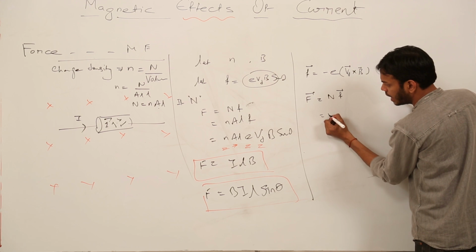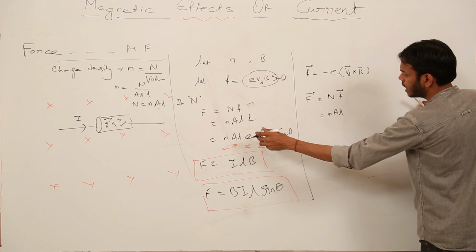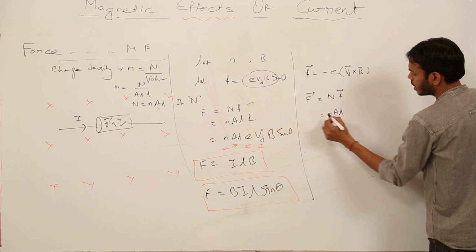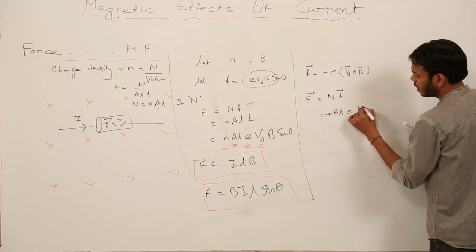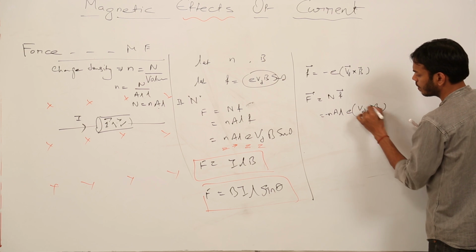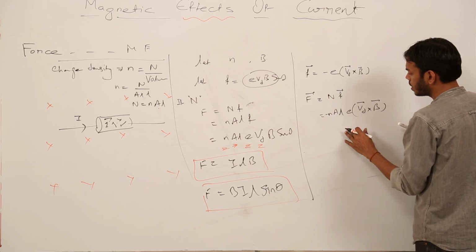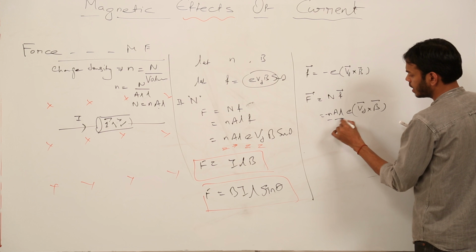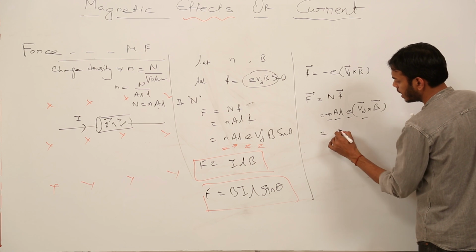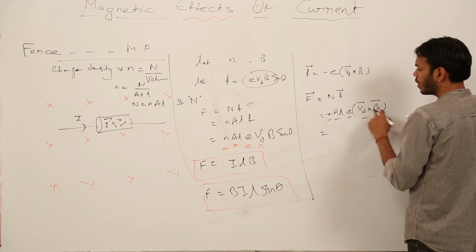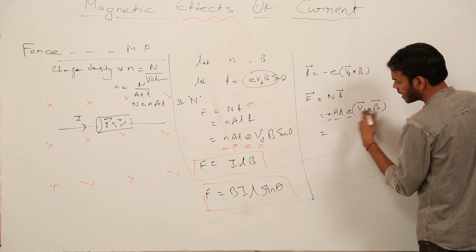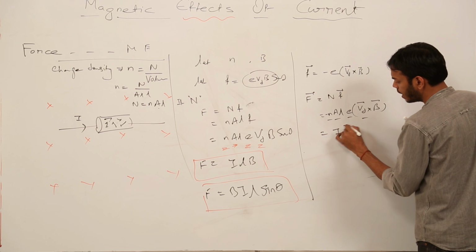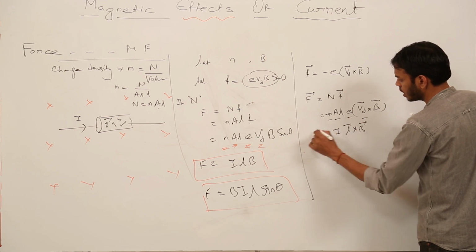Instead of small n A L, that's it, into this is minus e Vd cross B. So this becomes this and this becomes I, and drift velocity is opposite to current, so the minus sign goes, so I am left with I L cross B.